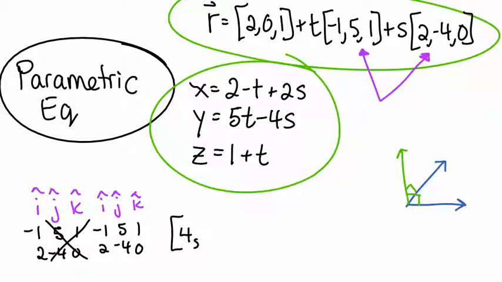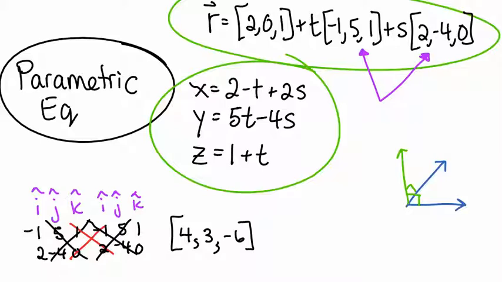Sorry if I mess this up, I'm trying to do it fast. 1 times 2 is 2. So 2 minus -1 is 3. -1 times -4 is 4, minus 10, so -6. Ooh, I hope I didn't mess that up.